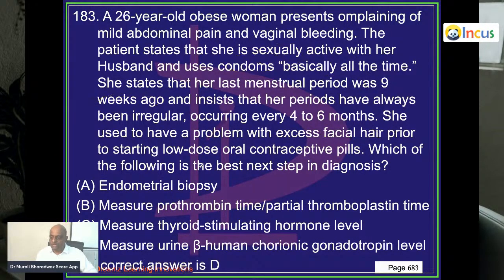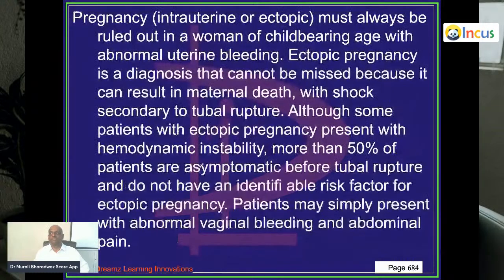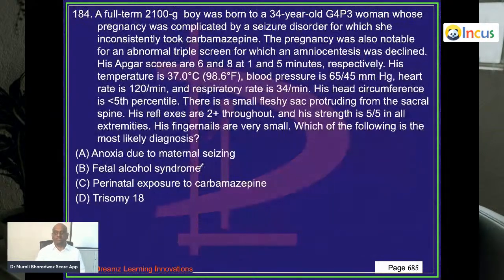What is the best next step in management? So, always in a woman of childbearing age presenting with abnormal uterine bleeding, rule out pregnancy. So, get a beta HCG done.